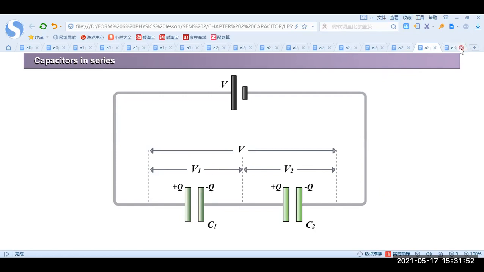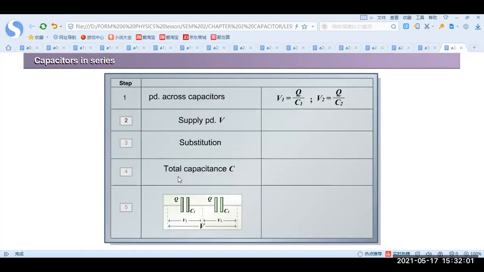So from here, substitution: V1 equal to Q over C1. At the end, we get the total C, C1, C2.